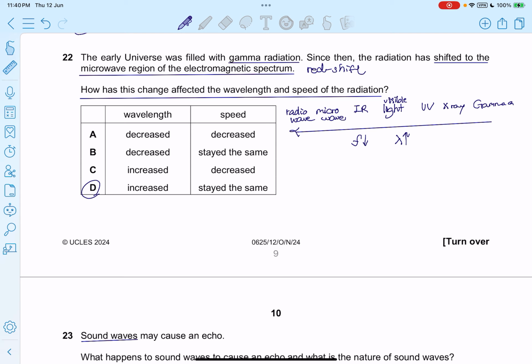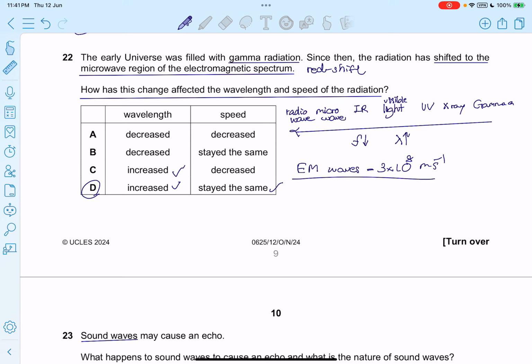So the one that matches this description is wavelength increasing and speed staying the same, because the increasing and the decreasing will cancel each other out and the speed will remain the same. So 22 is D. Or one way you can remember for the speed staying the same is that EM waves always have a speed of 3 times 10 to the power 8 meters per second.